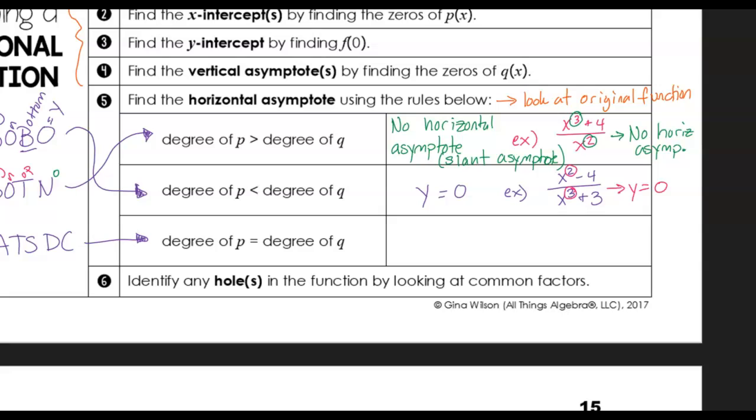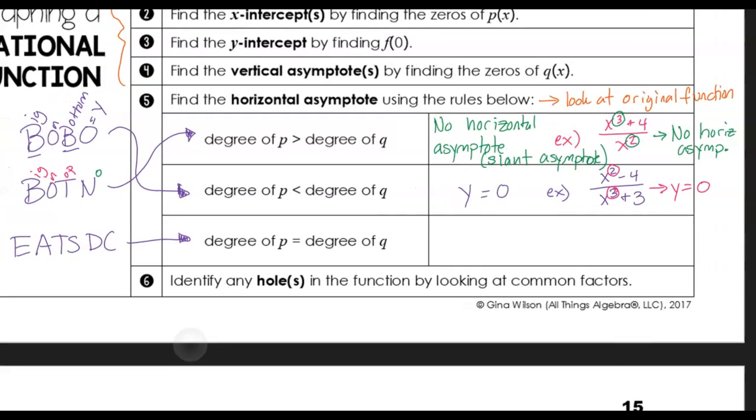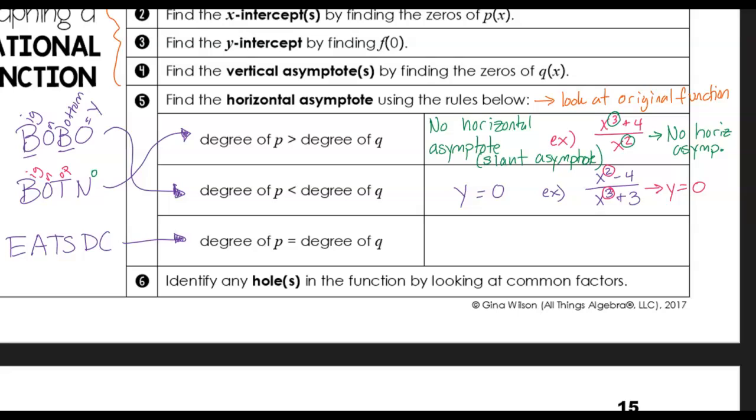Okay, so the last one, EDC. Do you remember what this means? Do you remember what the E stands for?